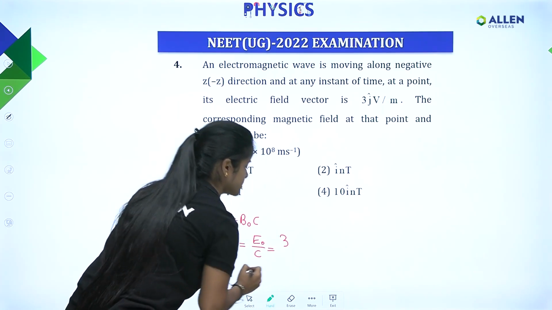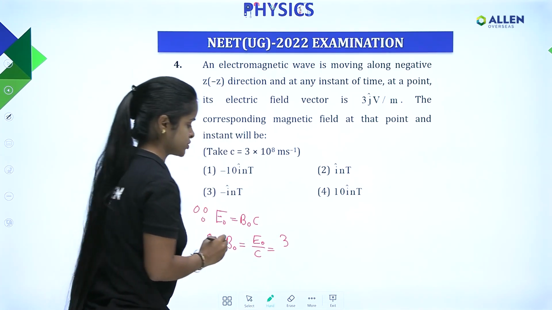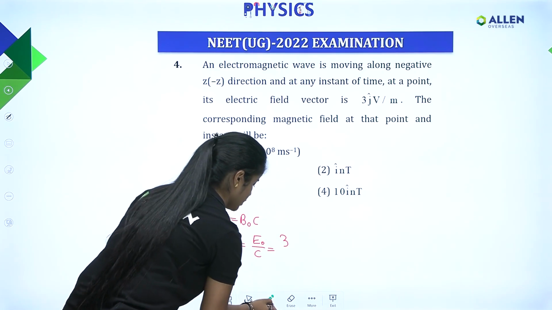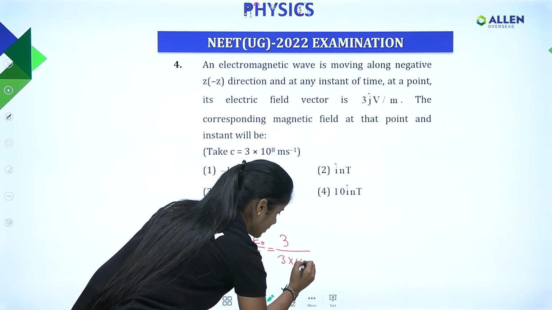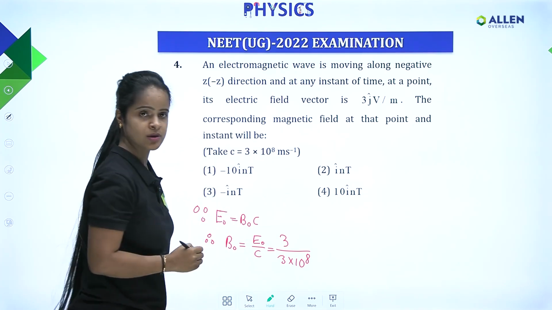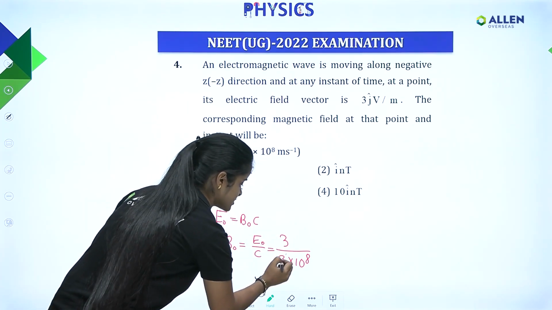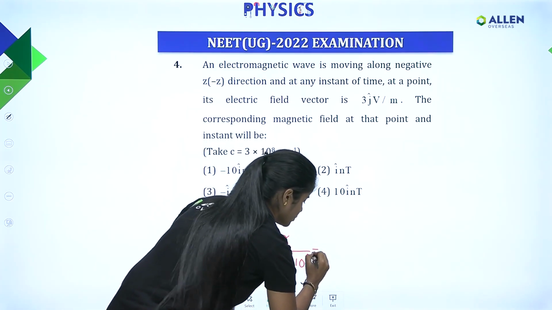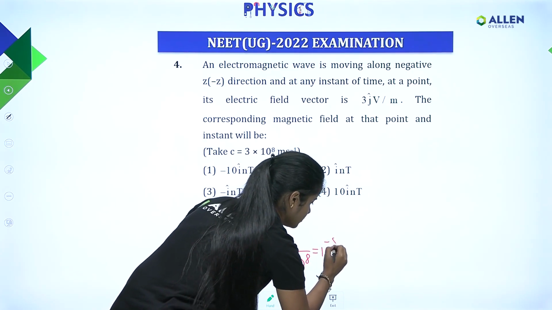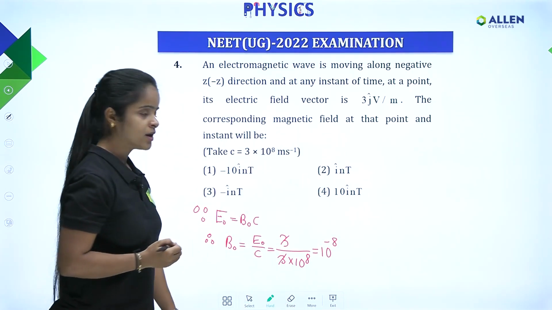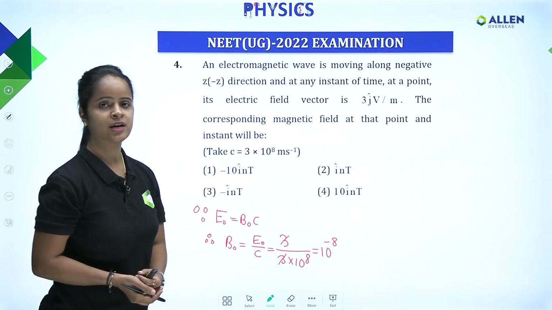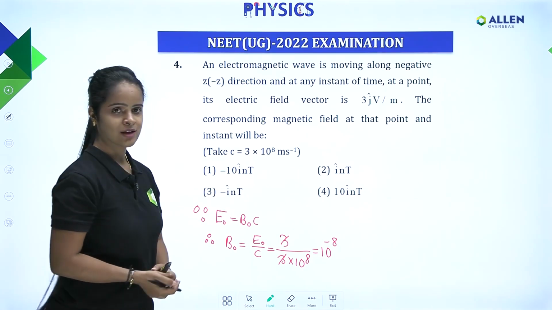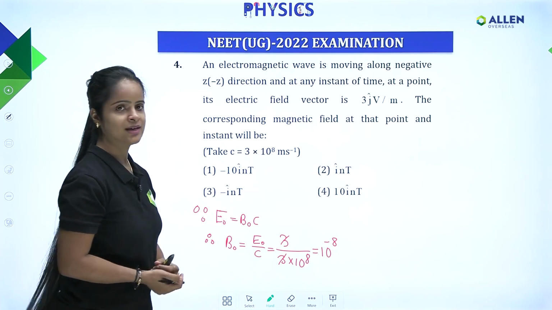Here I am only considering magnitude, not direction, so it will be 3, and the value of C is 3 into 10 to the power 8 meter per second. Now this 3 will cancel the other 3, and you are going to get 10 to the power minus 8. But according to the question, all the options are in nano Tesla, that is 10 to the power minus 9 Tesla.